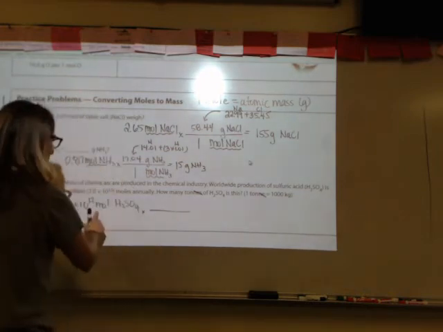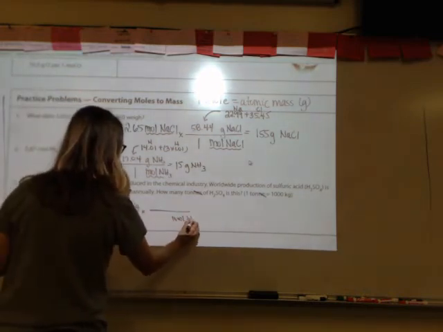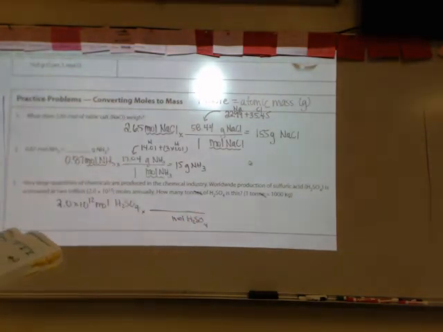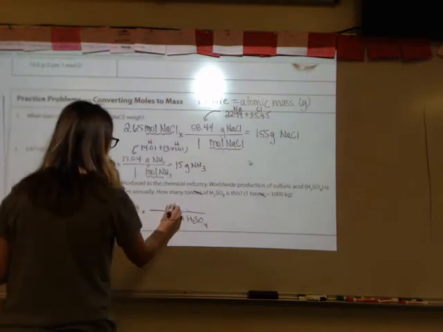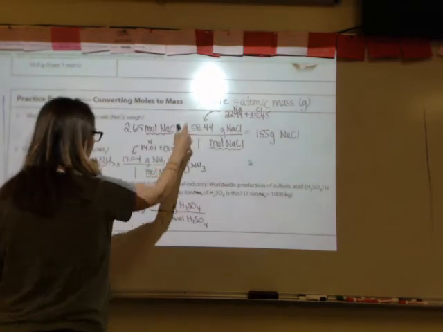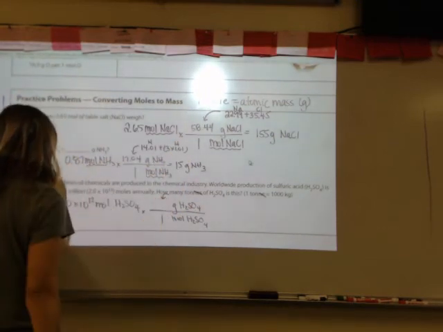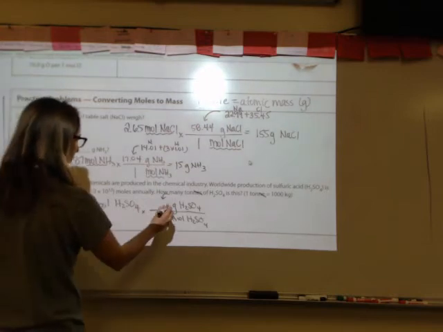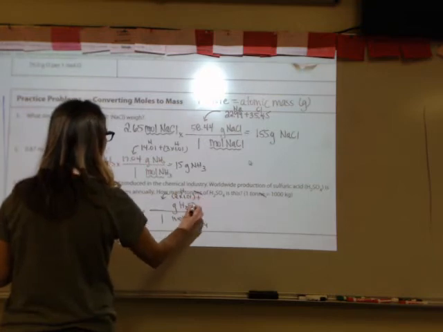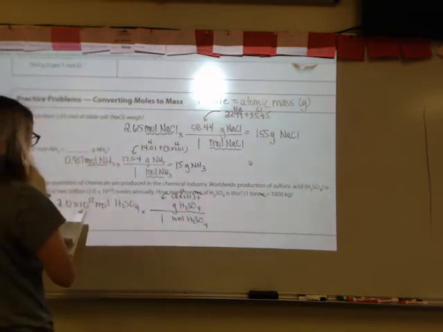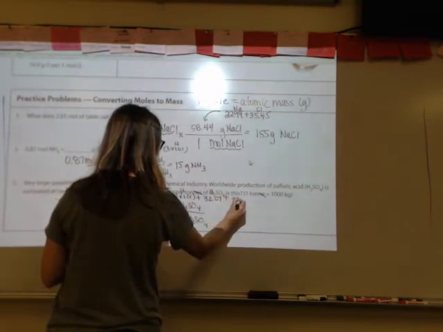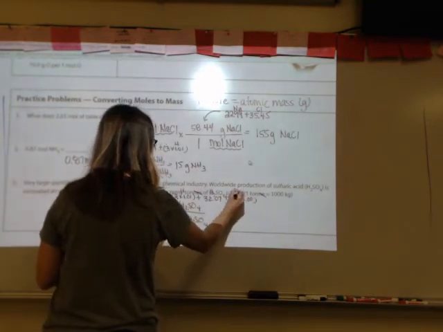Now, moles of H2SO4 needs to go on the diagonal because I need to cancel it. You know you can convert this to grams. The number 1 goes next to moles. The number that goes here for the H2SO4 grams is from the periodic table. 2 times 1.01 for your hydrogen, plus your sulfur has a mass of 32.07, plus 4 oxygens at 16.